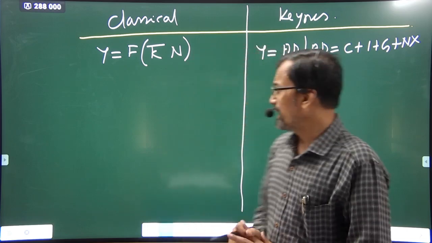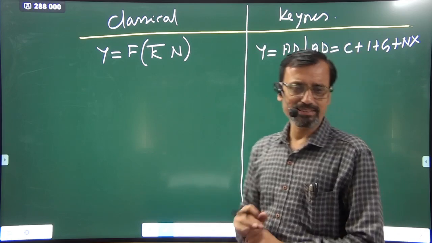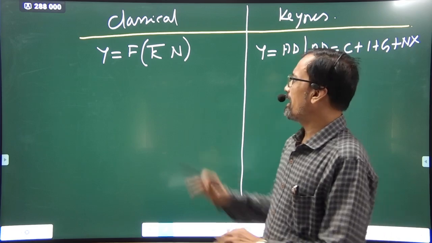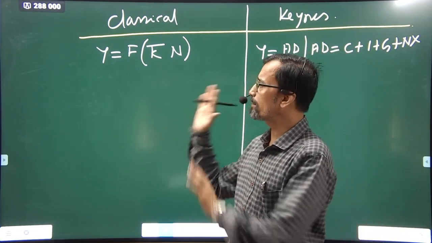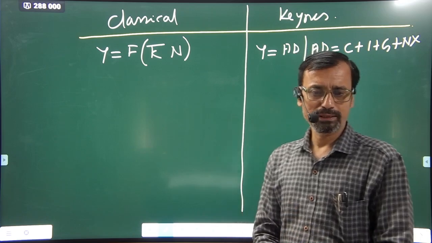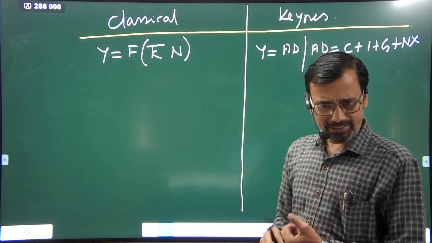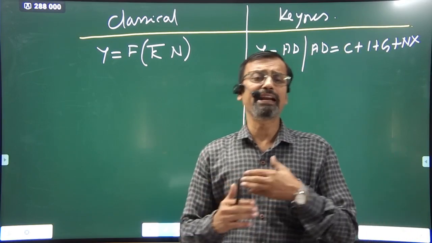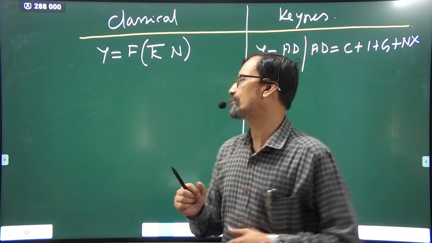But as per classical, simply said, output is determined from the supply side, not from the demand side. One popular proposition is that supply creates its own demand, popularly known as Say's law.